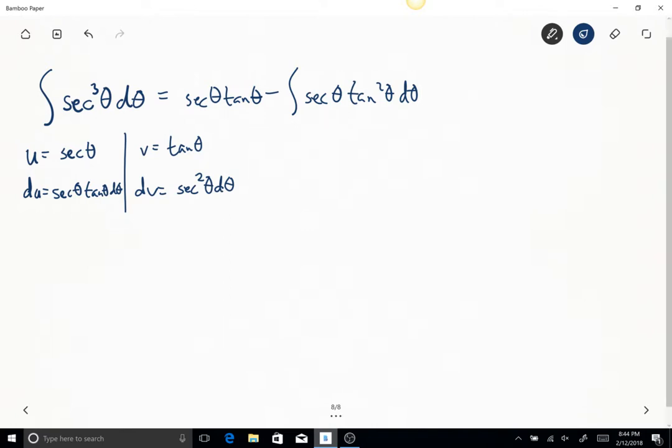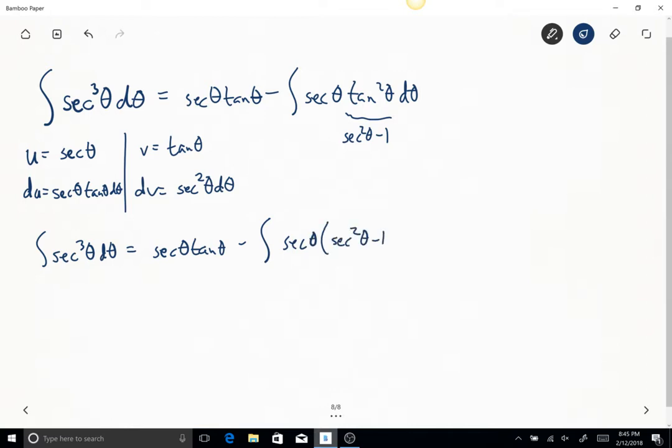So tangent squared, if you remember, 1 plus tangent squared theta equals secant squared theta, so tangent squared equals secant squared theta minus 1. So we have that the integral of secant cubed theta d theta equals secant theta tangent theta minus the integral of secant theta times secant squared theta minus 1 d theta.